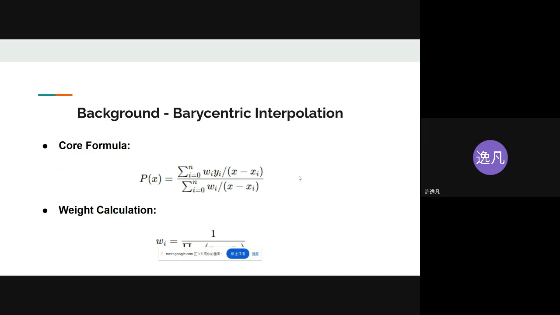In the background, barycentric interpolation is an efficient interpolation technique that calculates weights to obtain a smooth interpolation curve.